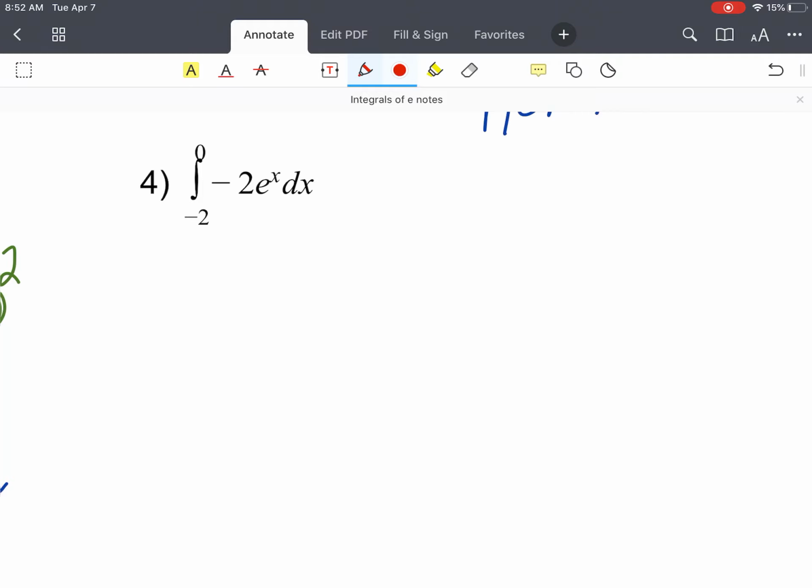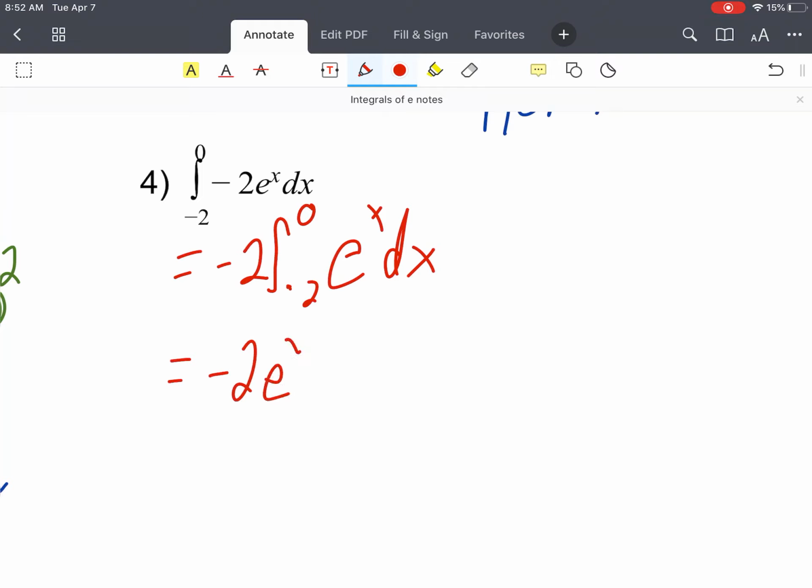All right. Last one. This one, I have e to the x. There's no u sub required here. This one's going to be very easy. So this is negative 2 on the integral from negative 2 to 0 of just e to the x dx.